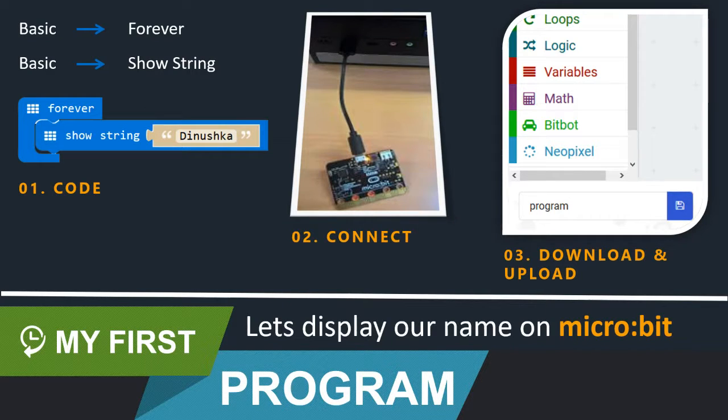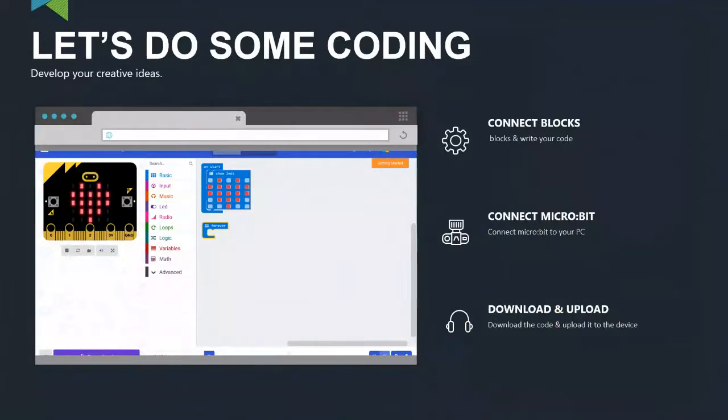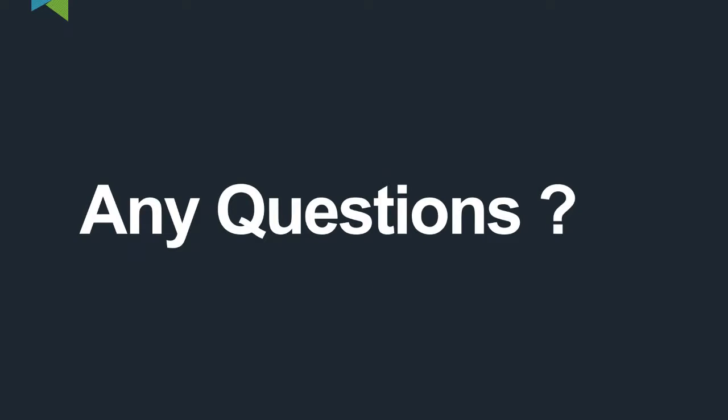Have you ever, in your childhood, played with building blocks? I think most of the answers are yes. So it's easy to code with the microbit. Don't be scared. So in the next one, we are jumping to this one.